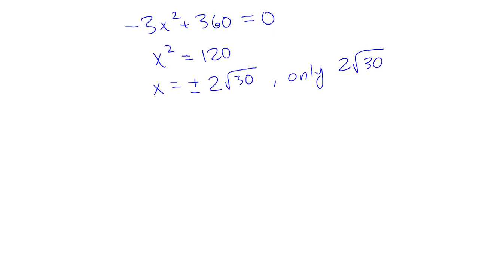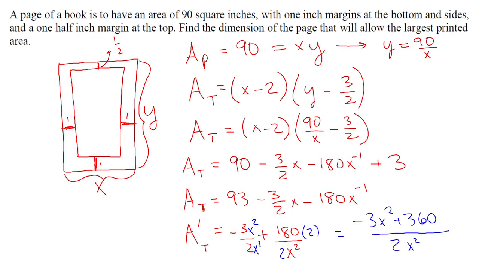And then we need to prove that this is actually when we have a maximum. So in order to do that, we'll make a sign chart, putting 0 and 2 root 30 on it. If we look at our original derivative, we know that the denominator was always positive, so really all that matters is the numerator. If I put in a really big number like 10 billion, that's going to make the numerator negative.